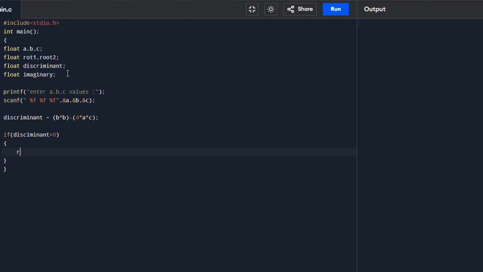So root 1 will be this, we will be giving indentation.